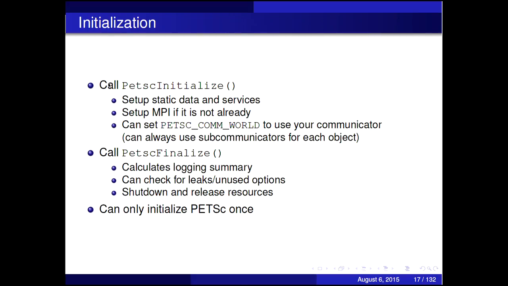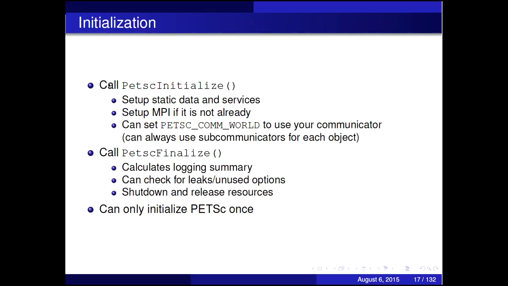And you can call PetscInitialize on all the processes, or you can decide, I have this big MPI program, but I only need PETSc on half of it. So call PetscInitialize only on that half and set PETSC_COMM_WORLD, the variable, to be the communicator for that half. And then PETSc will run fine on that half, just thinking it's running on the whole thing, because it doesn't know or care about the other part of the communicator.